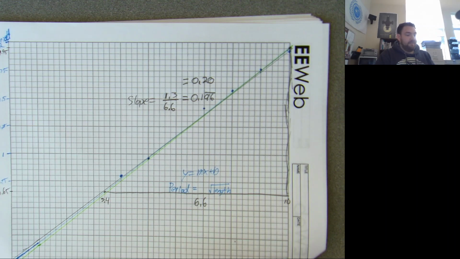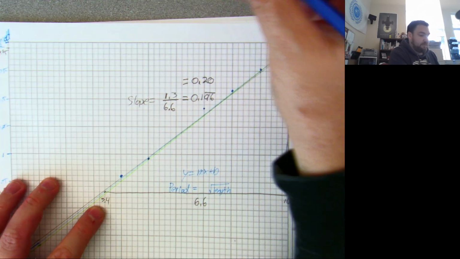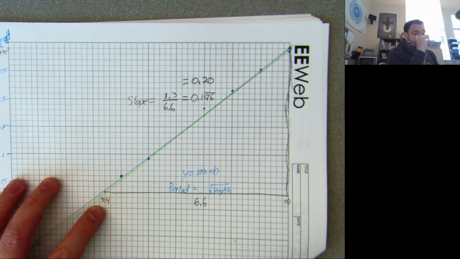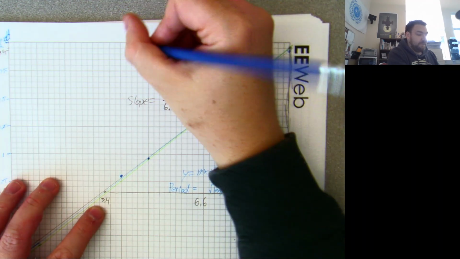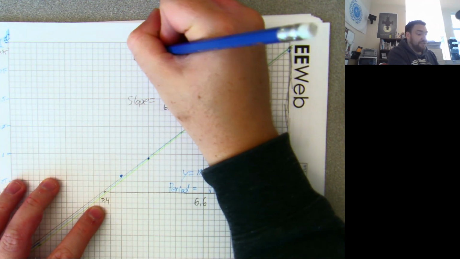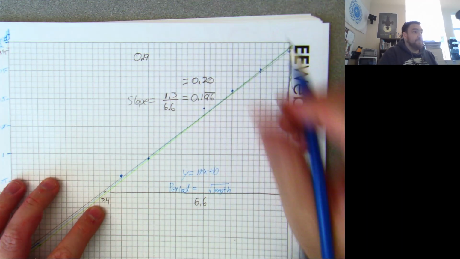Okay. Anyone else get a different slope? Yeah, did you get a value? It rounds to 0.19. So you and Lena got the same slope. Sweet.